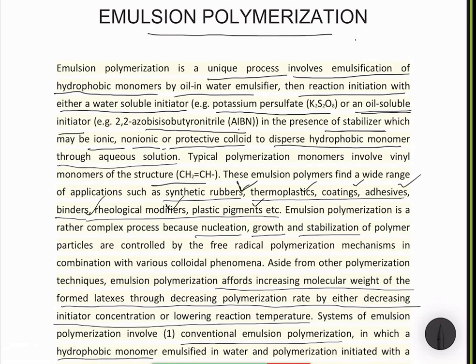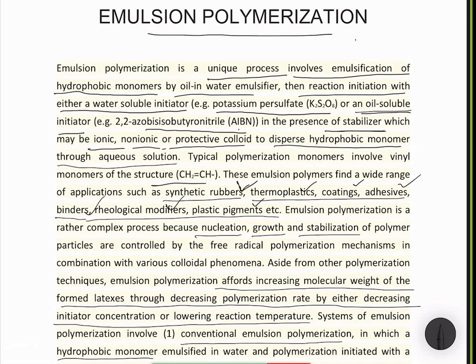Then several thermoplastics, and also the polymers which are finally obtained in the form of polymer latex, just like in suspension polymerization we described that if you can resist the precipitation in suspension, you can also obtain the polymer latex. So here also you can obtain finally the polymer in the latex form, because it is also a heterogeneous system.